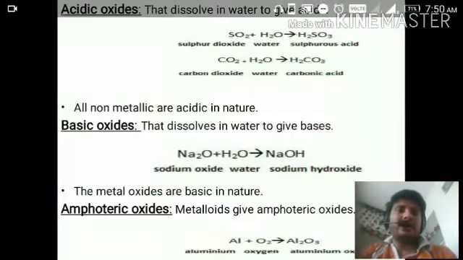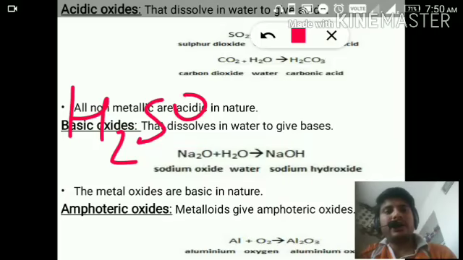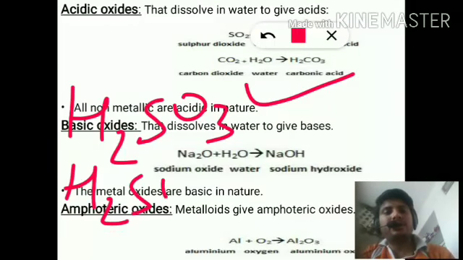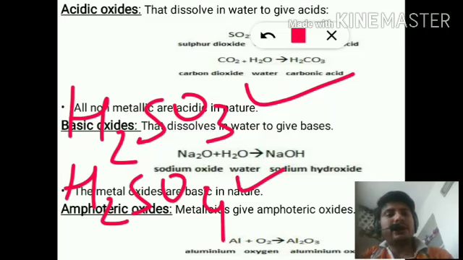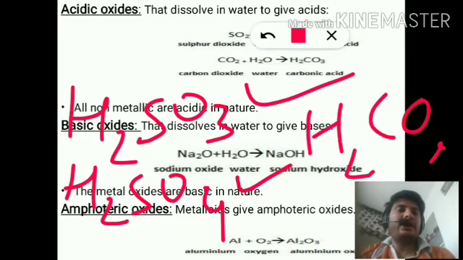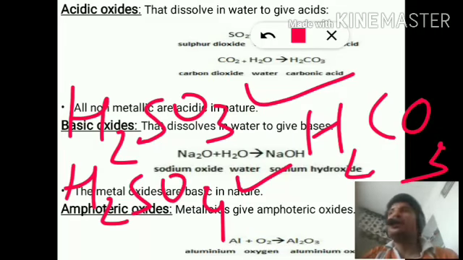Again look at the formulas: H2SO3 is called sulfurous acid, H2SO4 is called sulfuric acid, and H2CO3 is called carbonic acid. So CO2 reacts with water to give carbonic acid.